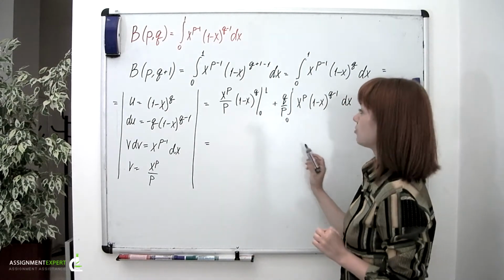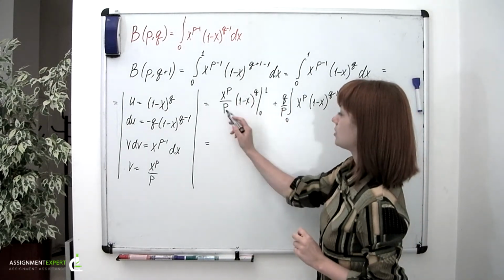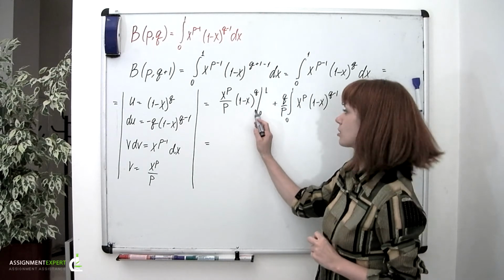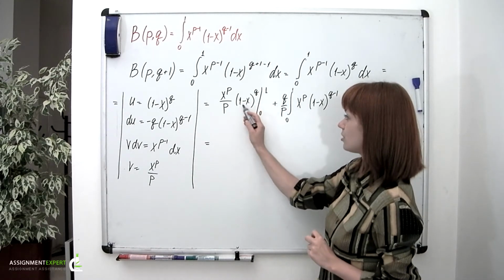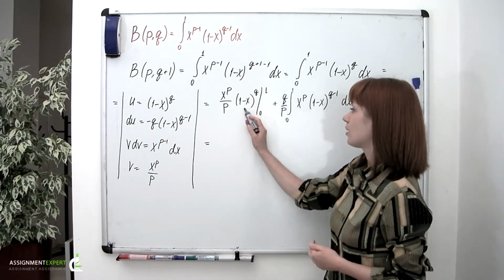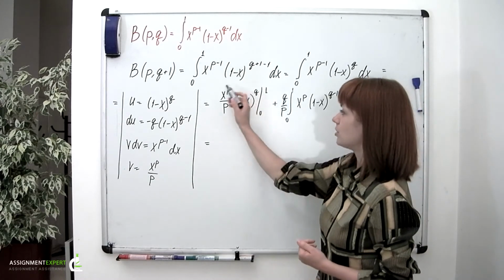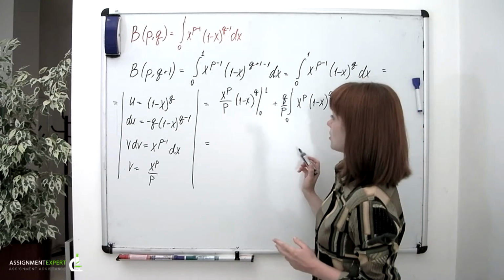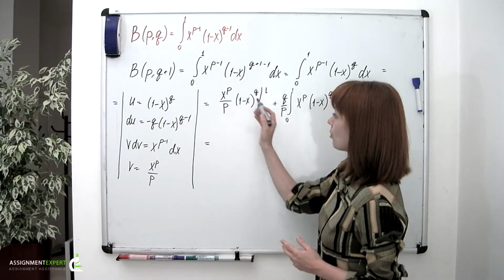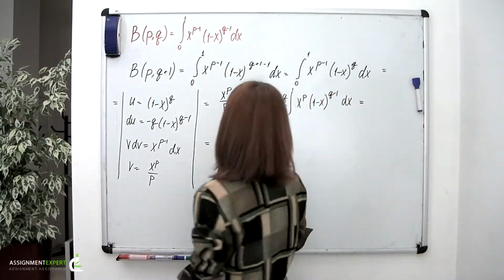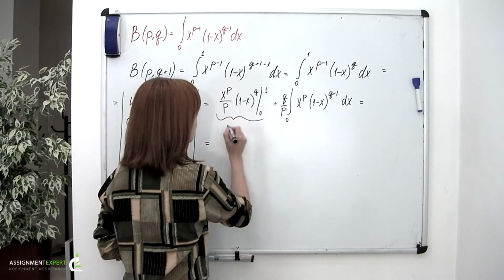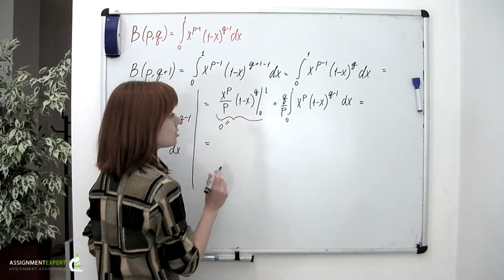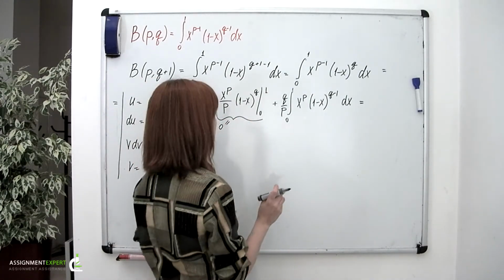Now let's see, if we substitute 1 into this expression, we'll obtain 0, as 1 minus 1 over here gives us 0. Then if we substitute 0 into this expression, we'll still obtain 0. So we'll have 0 minus 0, which equals 0, and so this summand equals 0, and we only need to evaluate the second integral.